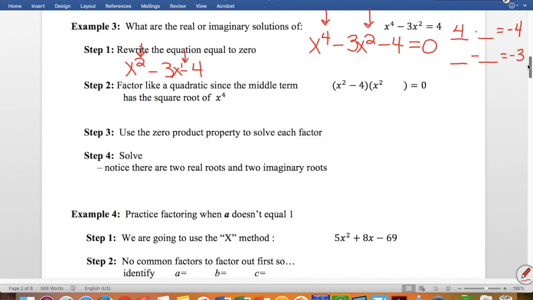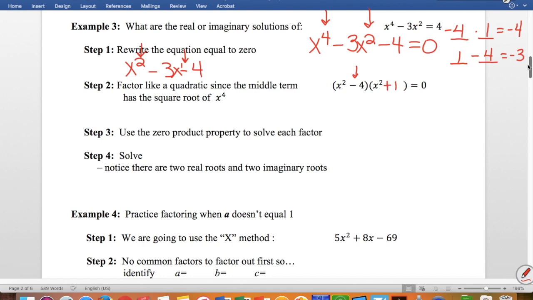Well, I know 4 times 1 is 4, and I know 4 minus 1 is 3, but I need it to be 1 minus 4 to get my negative 3. So negative 4 times 1 is negative 4, and 1 minus 4 is negative 3. So I've already put the negative 4 in the parentheses here. I already did that for you. So that means this side is just going to be x squared plus 1.